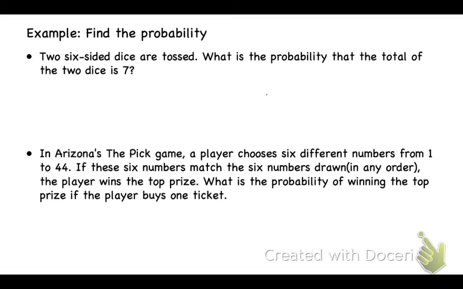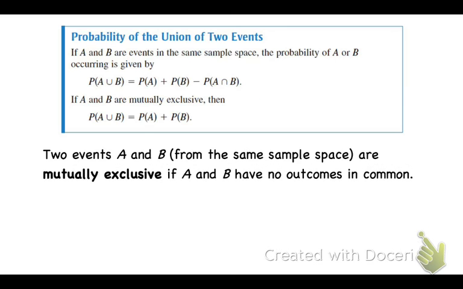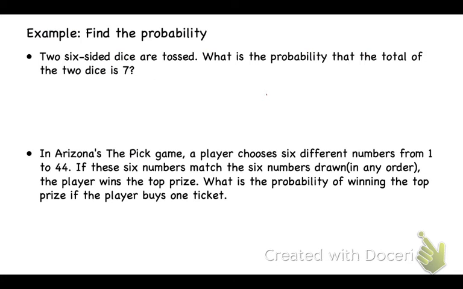If a six-sided dice is rolled, what is the probability that the total of two dice is 7? Okay, so first of all, we're looking for the probability of the sum of 7, right?